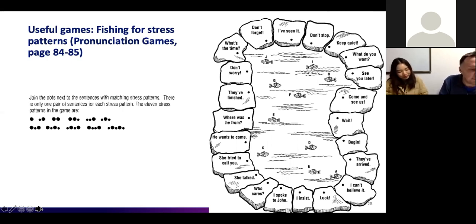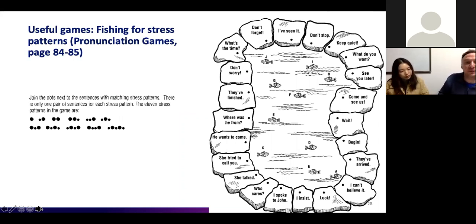And you can do that by finding phrases that pattern with each other, sentences and phrases. So, for example, wait and look are partners because they have only one syllable.